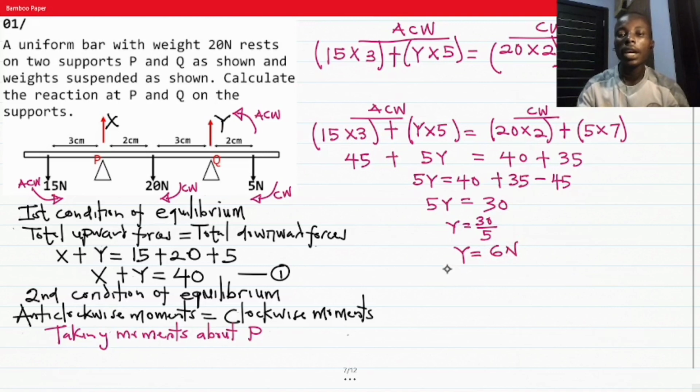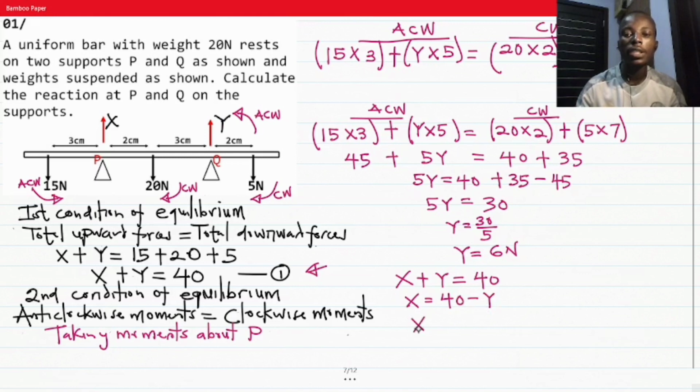So that is the first reaction force. Now we are going to put y equals to 6 in equation 1 so that we can get x. So we have x plus y equals to 40, so x equals 40 minus y.